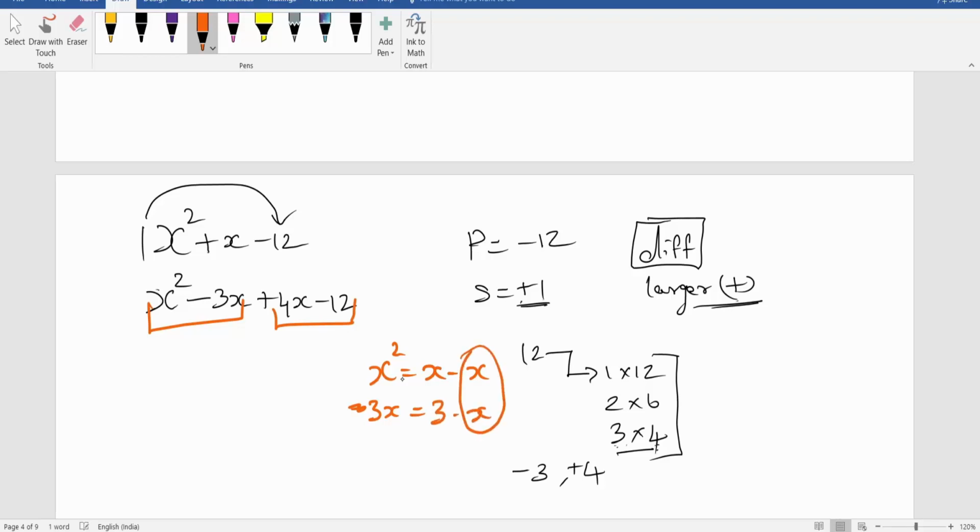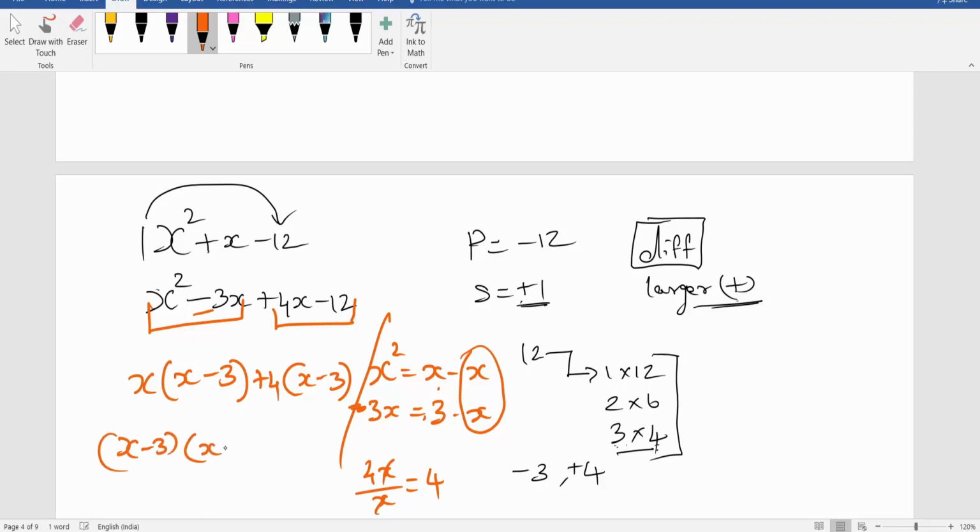Again, the common is x alone, x into x minus 3. Now writing the same here, x minus 3, we have to divide 4x by x, that will be plus 4. So we'll end up with x minus 3 into x plus 4. This is the factor for the given equation.